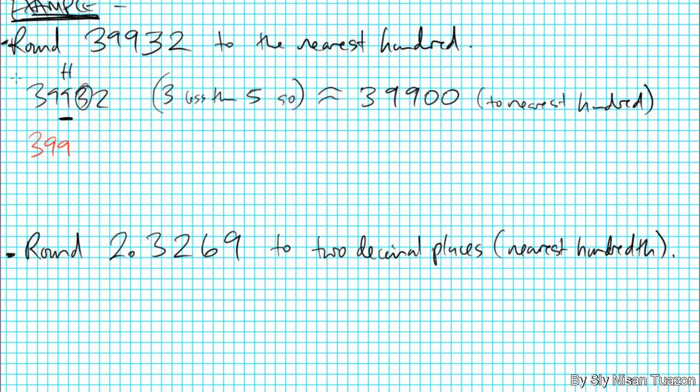Okay, I just figured for interest's sake we might as well change it slightly. What if this was 5 and I still wanted to round to the nearest 100? Well, the hundreds column is still here, so that's what I'm interested in. I look at the number after it. That is 5 or more this time. You don't need to write this stuff in brackets after, I'm just showing it for effect. So 39952 to the nearest 100 is approximately 39.